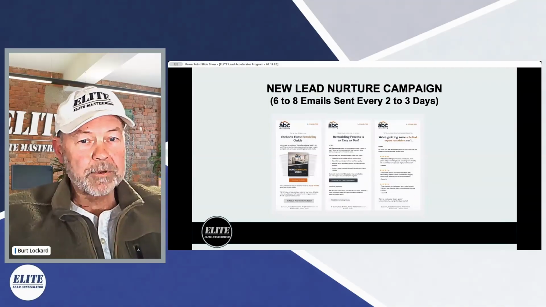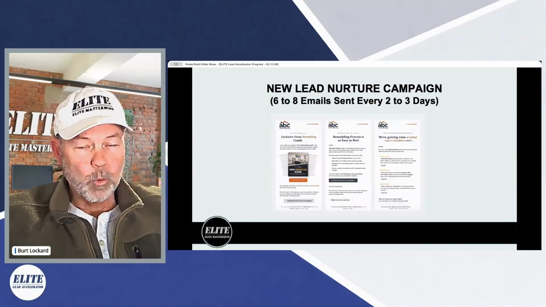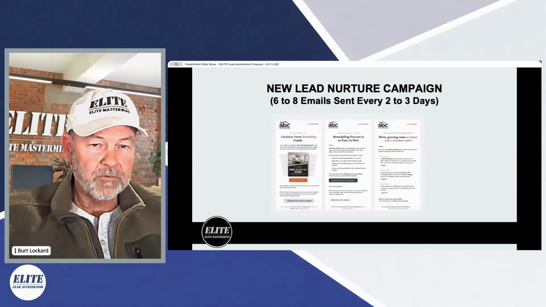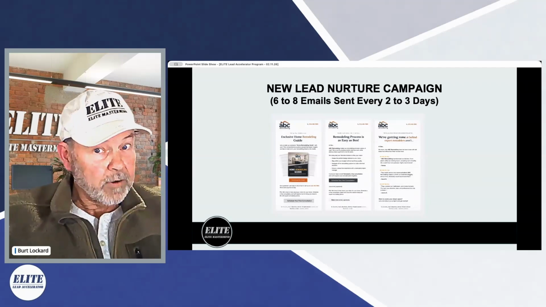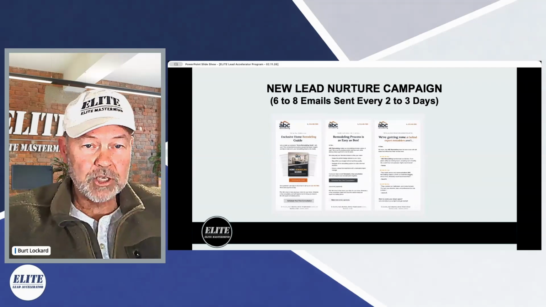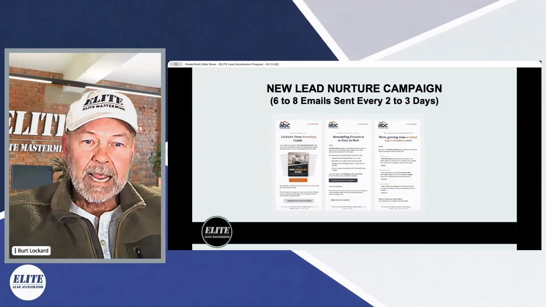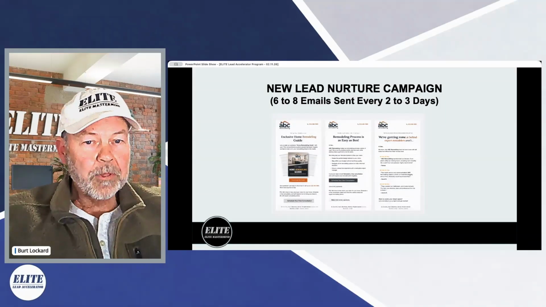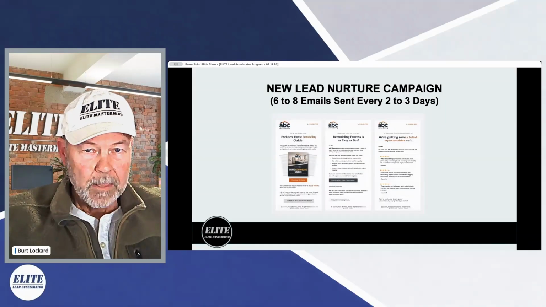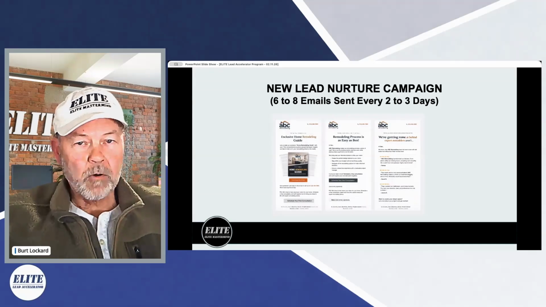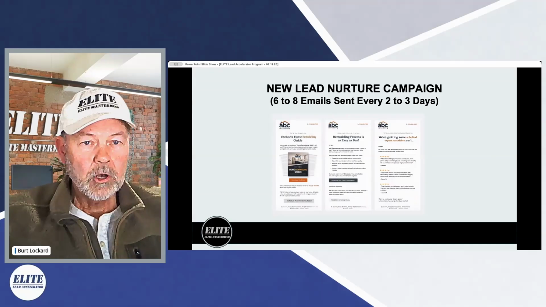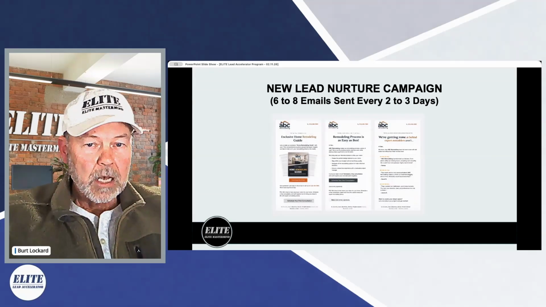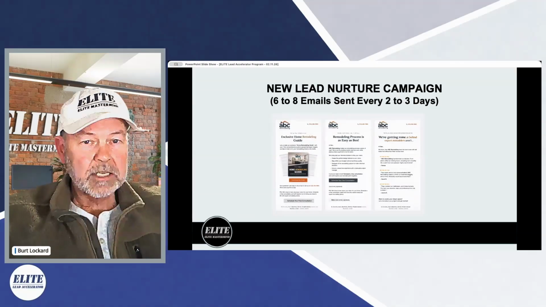But then it follows up in 2 days with some more information about what they may be looking for. Again, they're looking for information. We give them that information, and then we offer to help them even more by scheduling an appointment. And so we go through this over a 2 to 3 week period with emails and text messages trying to get them to book an appointment.